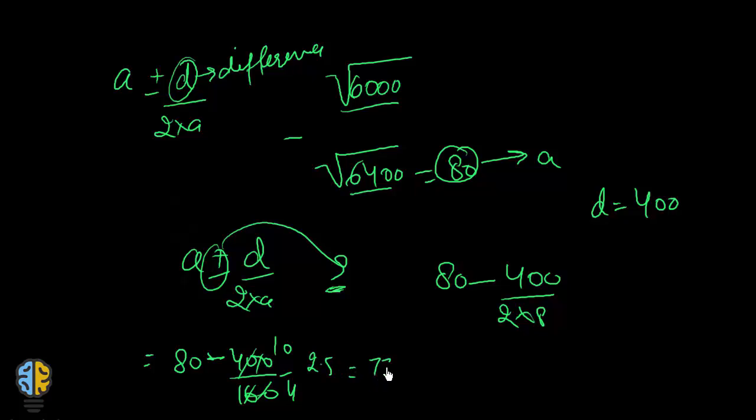So 80 minus 2.5 is equal to 77.5, which we can say is approximately equal to 78. Now let's say 78 is the square root of 6,000, which we can verify with another example.